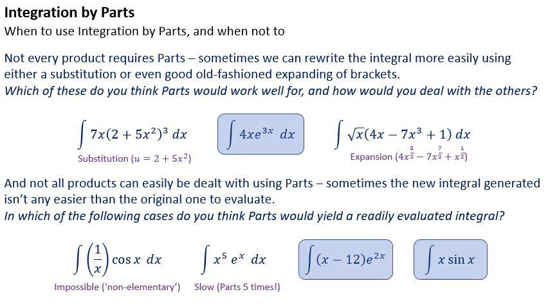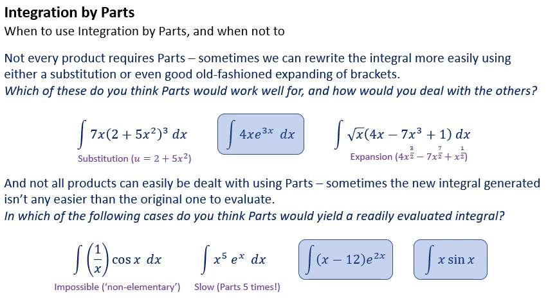The next two, perfect integration by parts questions. There is a linear term multiplied by an exponential, and there is a linear term multiplied by a trig function. One of the clues here is that the two functions involved don't play nicely together. There's no easy way to combine or simplify when you've got some kind of polynomial multiplied by a trig function, or some kind of polynomial multiplied by an exponential function.